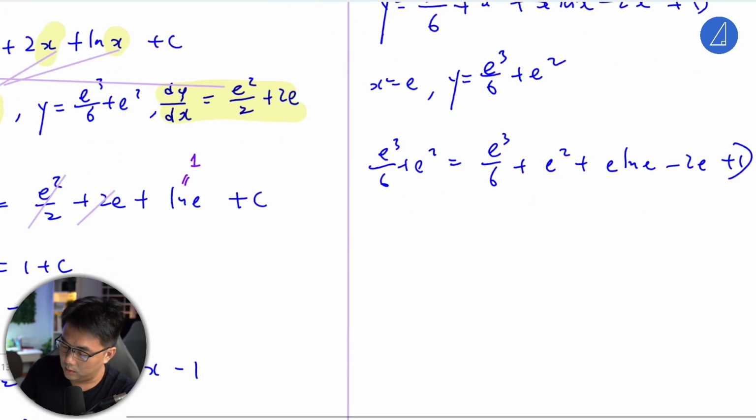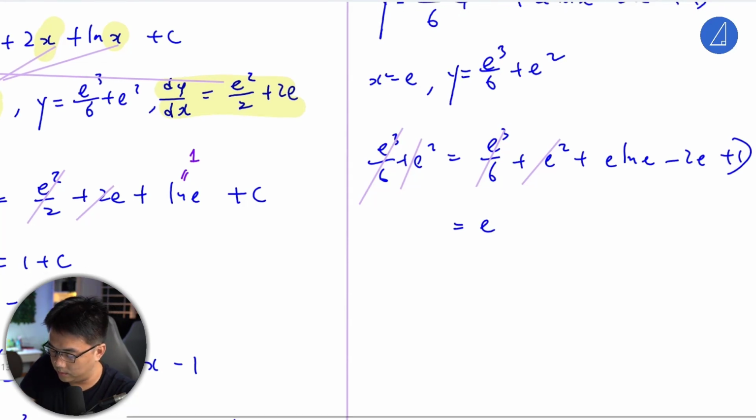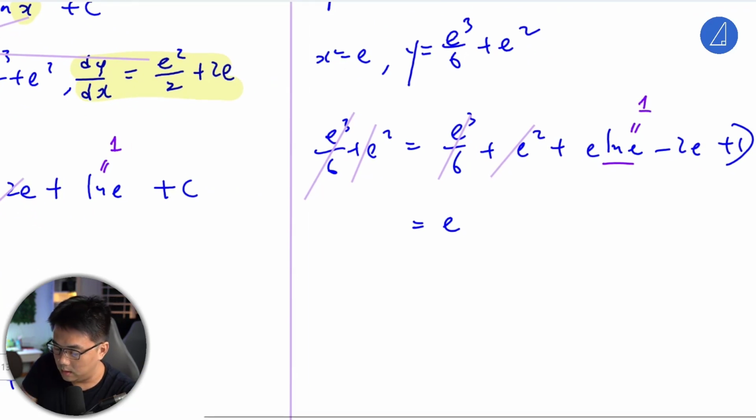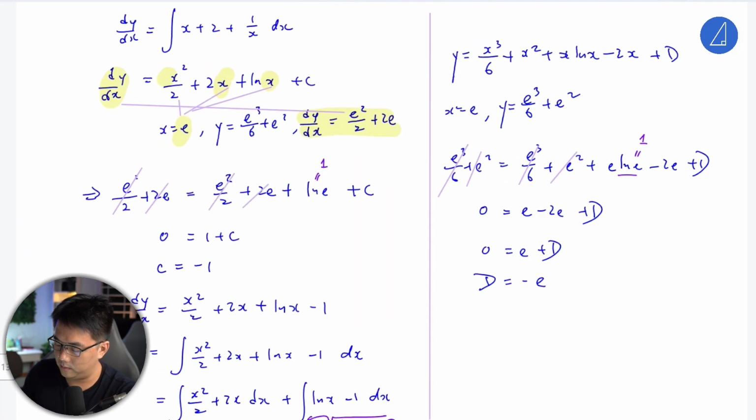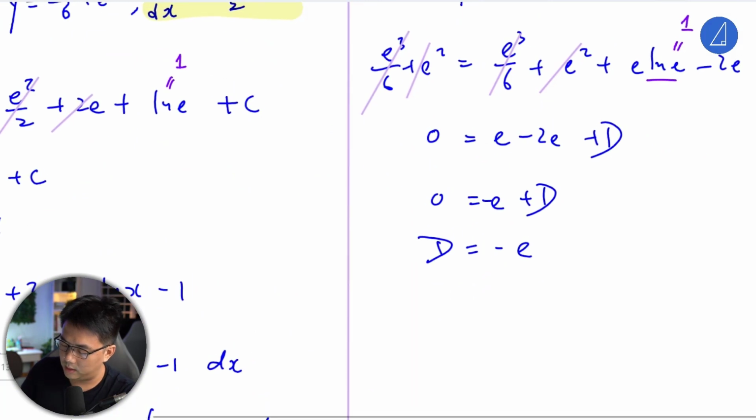These two we can cancel away. Ln e is actually just 1, so e times 1, then e minus 2e plus d equals 0. So d will just be e. Oh sorry, this is minus e, so d is plus e.